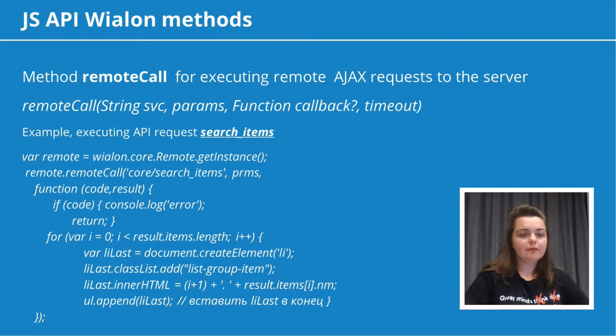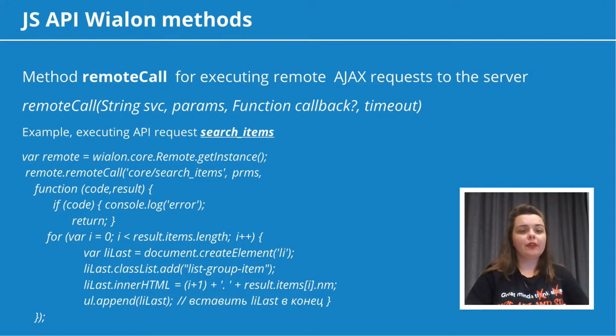This method is used if there is no corresponding JS method for executing the required API request, for example the events request group, requests for working with events. Then you can execute an API request through the remoteCall method. You can look at the syntax on the slide.